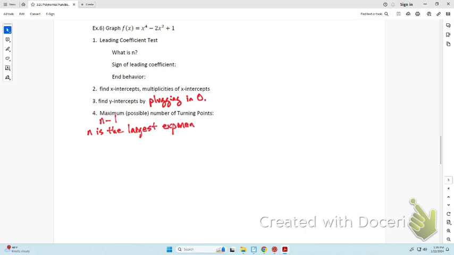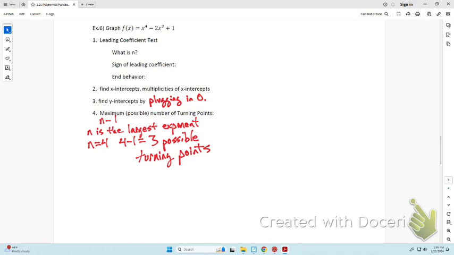So, for example, on this problem, largest exponent is 4, so n is 4. Which means there are 3 possible turning points in the graph. That's going to help us. It's going to help guide us when we're drawing the graph. That's all it is, a guide. All right.